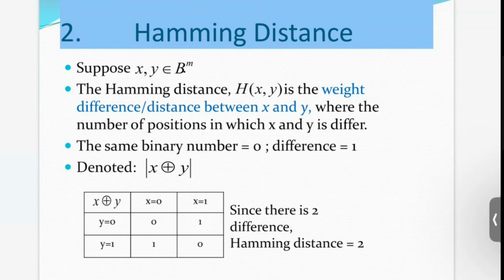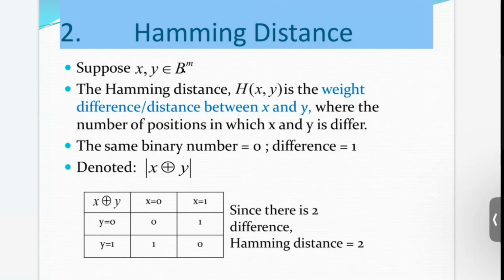Hamming distance is the weight difference, or distance, between x and y, where it is the number of positions in which x and y differ. This Hamming distance is defined for two strings of equal length.